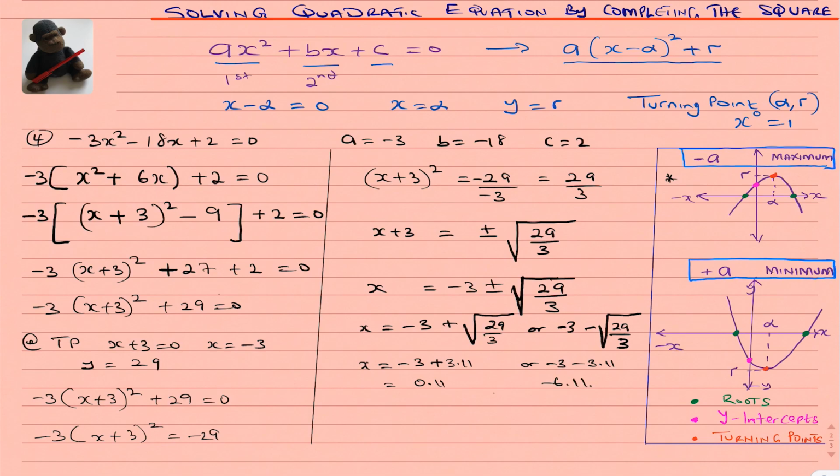And if I sketch this curve, this is a rough sketch. Minus 6 is somewhere here, 0.11 is there. The intercept on the y-axis is plus 2, that's c, so that's here.